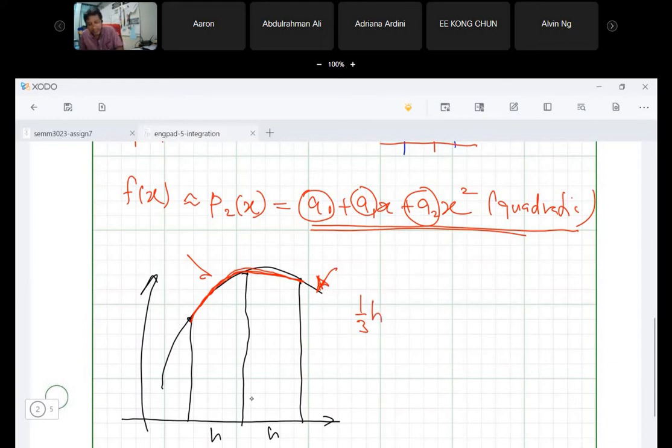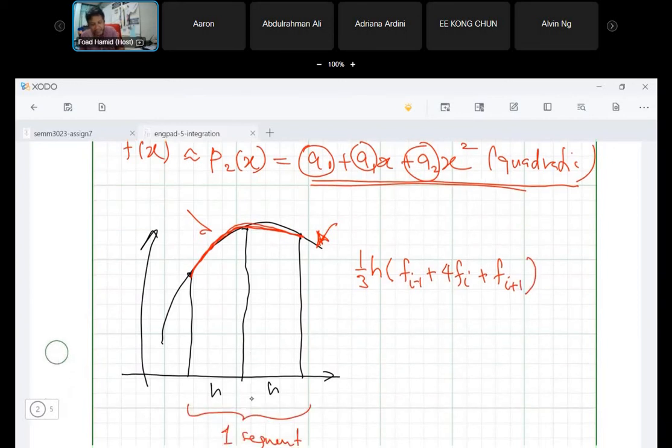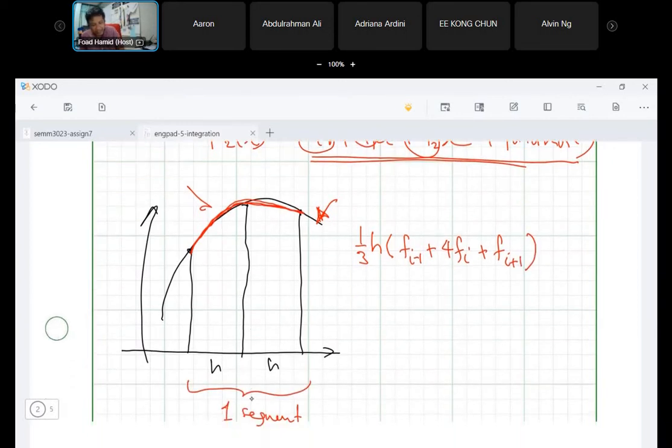Okay, let's try again. 1/3 h times f i minus 1 plus 4 f i plus f i plus 1. In this case, this is my f i minus 1.